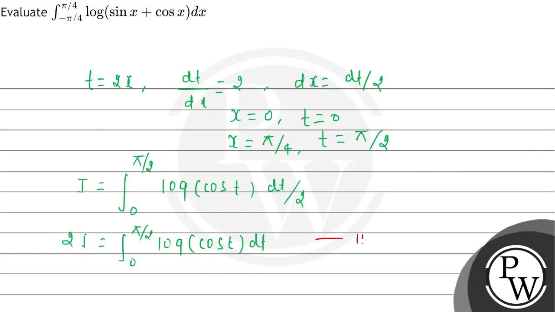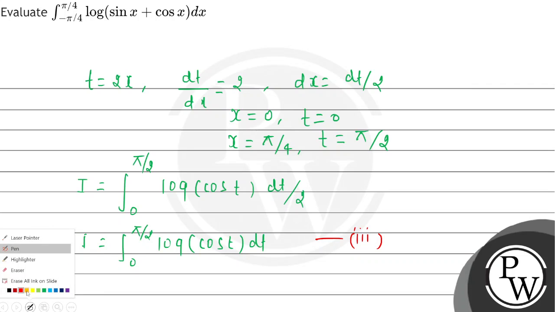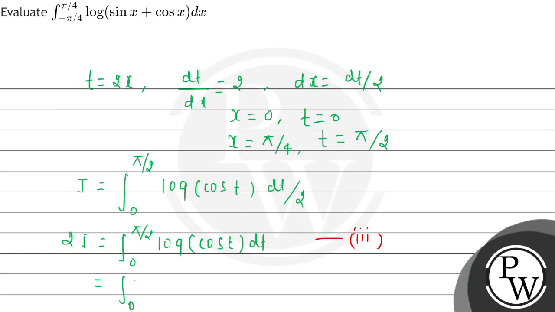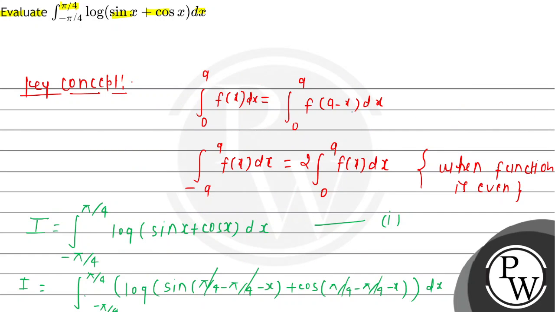So now we'll consider it as equation number 3, and then from the definite integration formula, from 0 to pi by 2, that we have previously used, cos t can also be written as cos of pi by 2 minus t dt. So here we have used formula number 1.